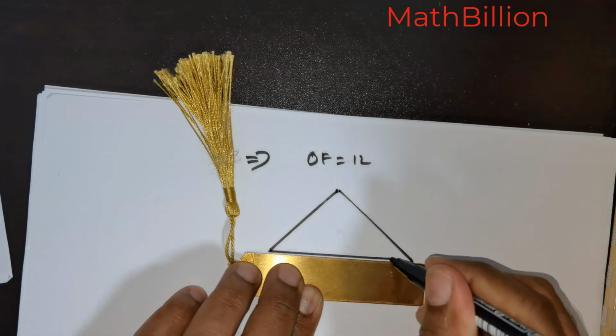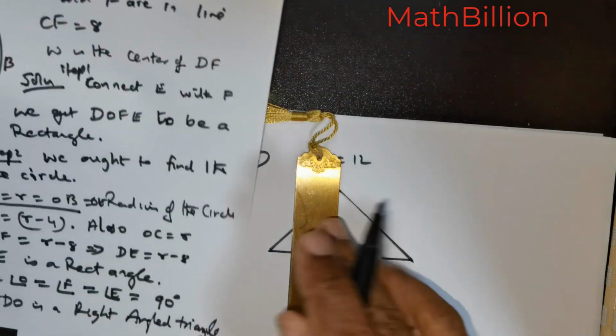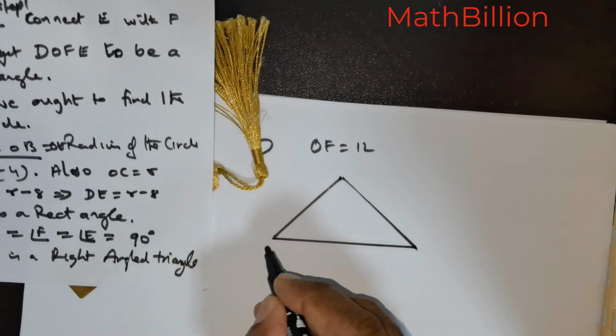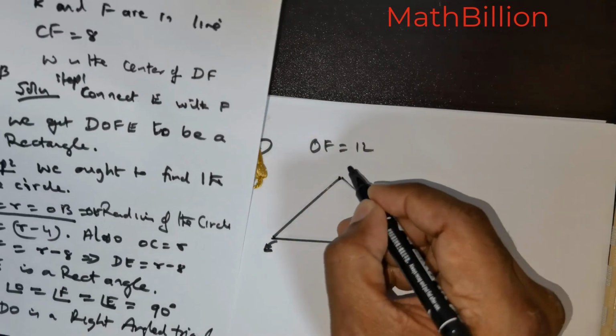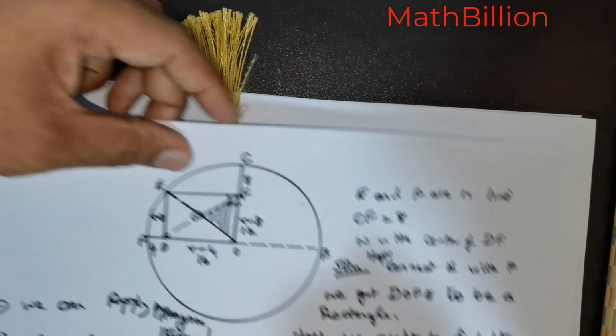Now you can answer this question in different ways, right? Now clearly, what I have drawn is E and O. I have drawn F. Now at F there is a 90 degree.